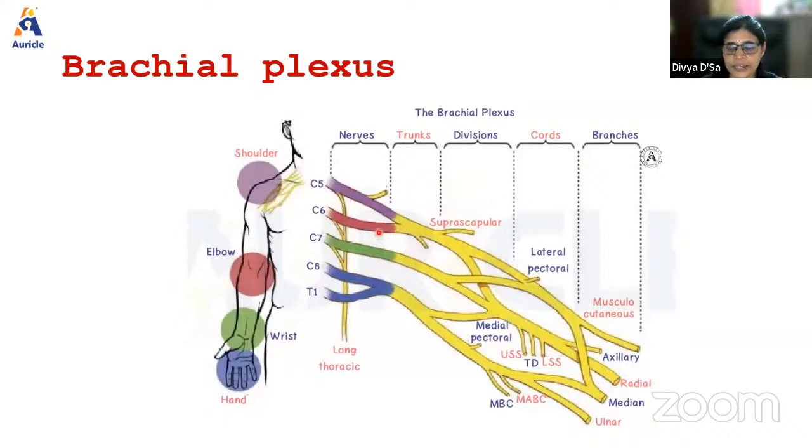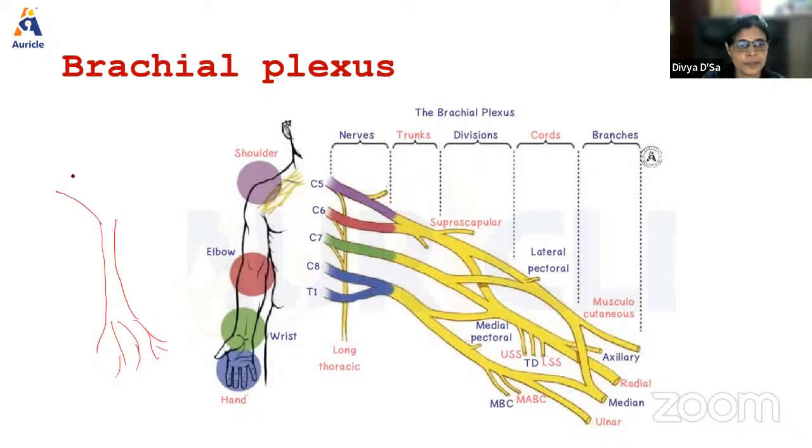Okay, so basically the brachial plexus, you can think of it like a tree. The tree will have its roots. The tree will have the trunk.